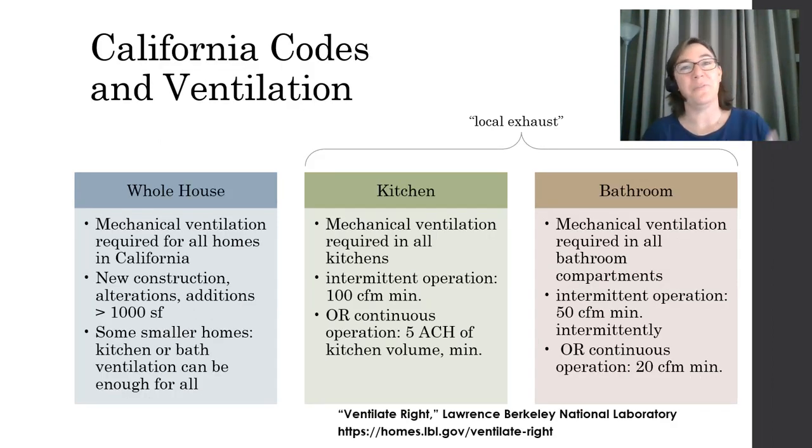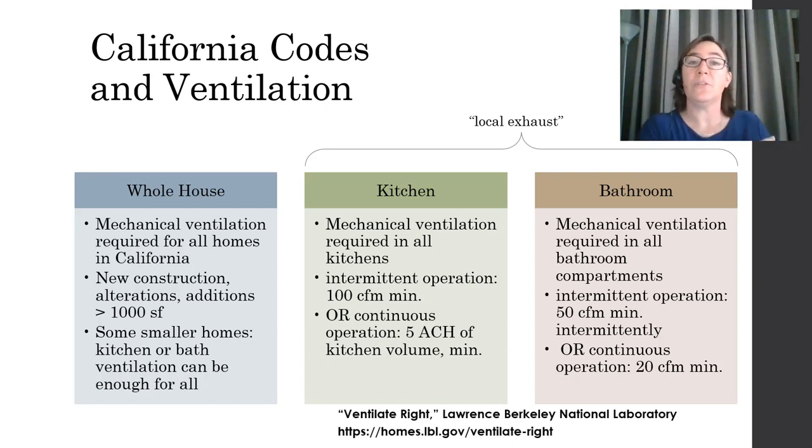Another reason we need to ventilate our projects is because it's code required. So California requires two types of ventilation in residential projects. One is whole house ventilation, and the other is local exhaust ventilation. In the whole house category, you need to know that mechanical ventilation is now required for all homes in California. Didn't used to be, but now it is.